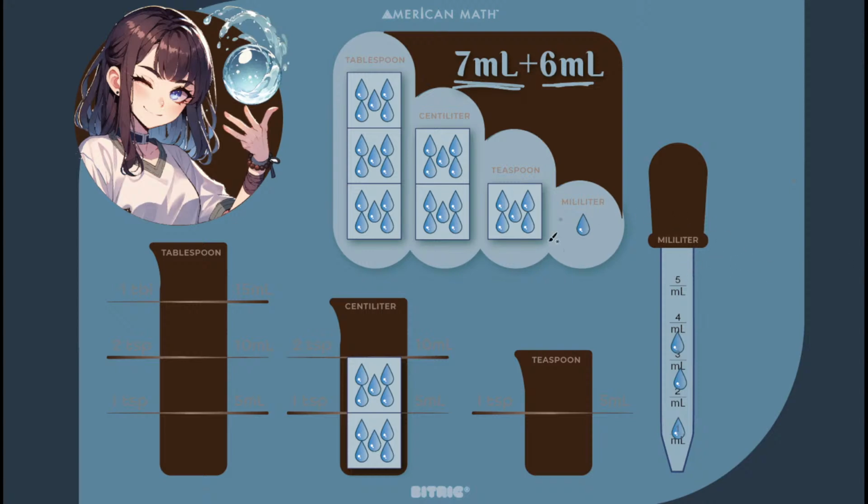100%. That is 100%. All right. So we have 1 centiliter and 3 milliliters. All right. Is that making sense? Yeah, we got it. I was thinking of breaking it up at first, but I was like, oh wait, we don't have enough space for the droplets to fit in the milliliter dropper.